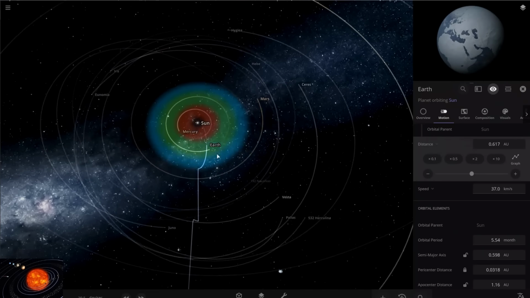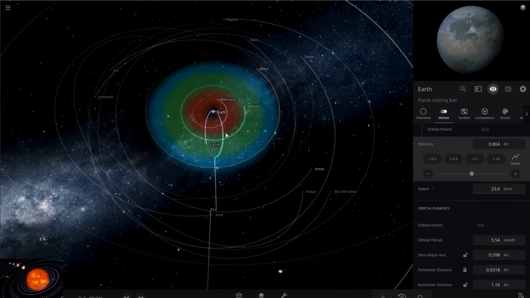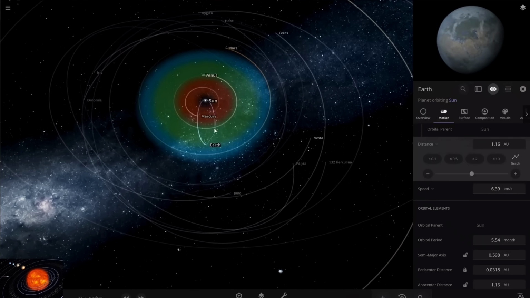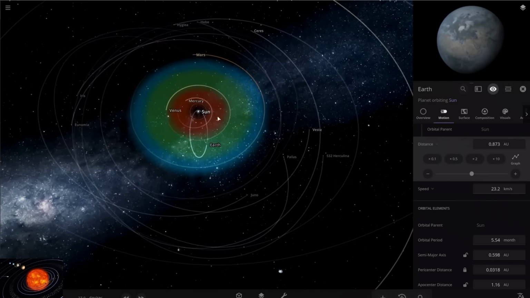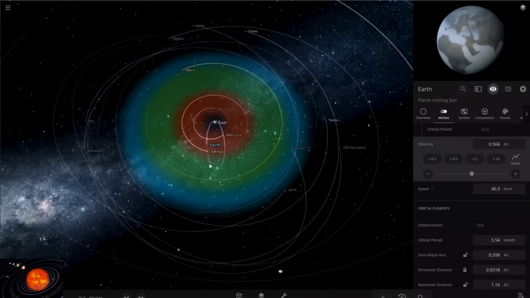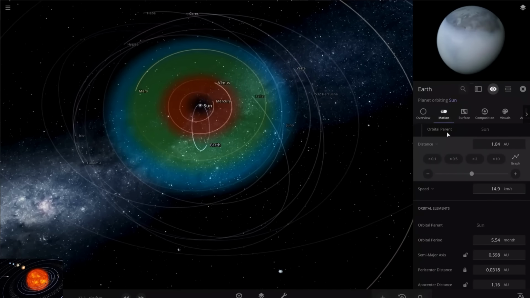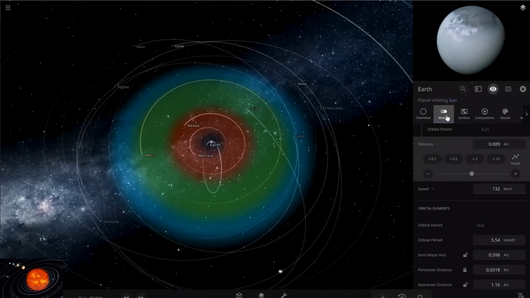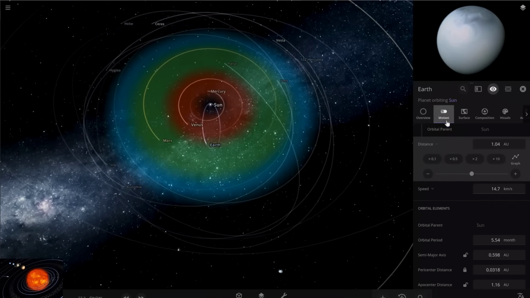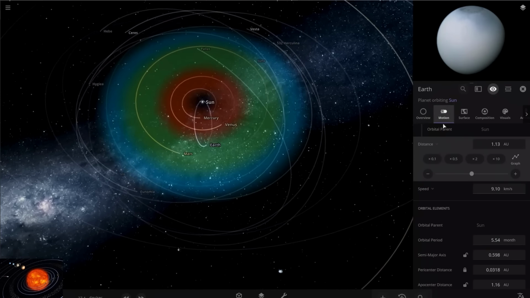Now the Earth is back in the habitable zone, and the orbit is a little strange right now. So Earth has a strange behavior. So in this column, there are the parameters which we can change, and all of them are related to the motion parameters of the Earth.